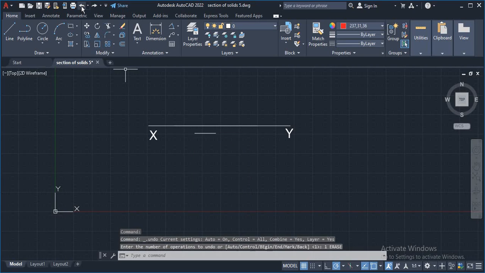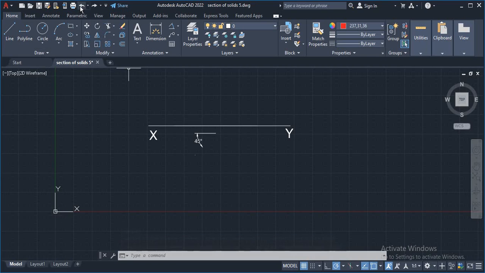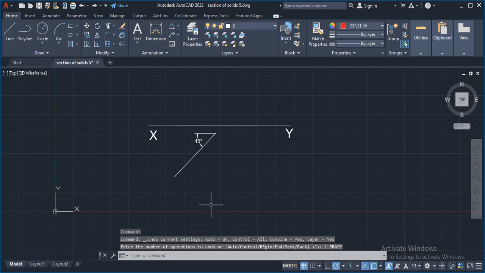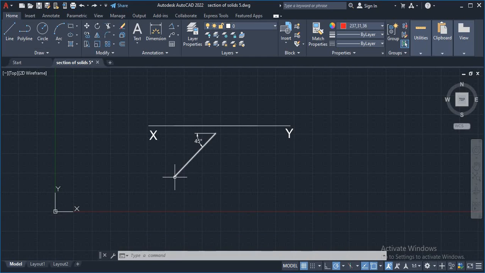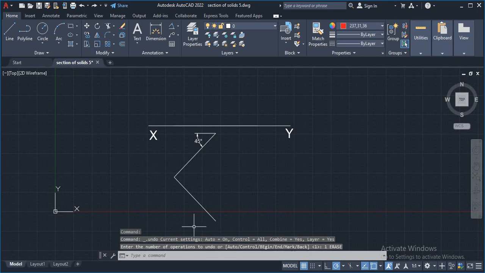So draw a horizontal line, measure 45 degree, and then draw a line for 40 mm. So this is a line for 40 mm, inclined 45 degree. Now keep your protractor at this point, take 90 degree, draw a line for 40 mm.